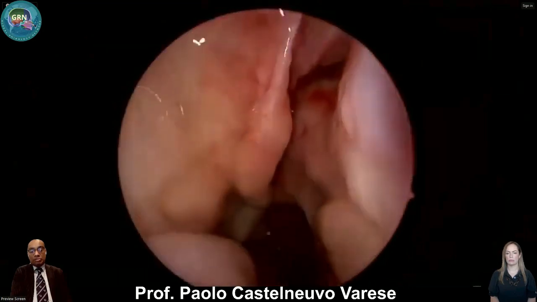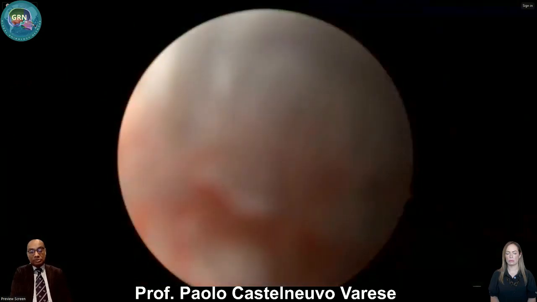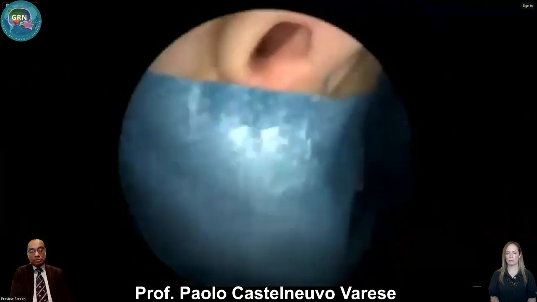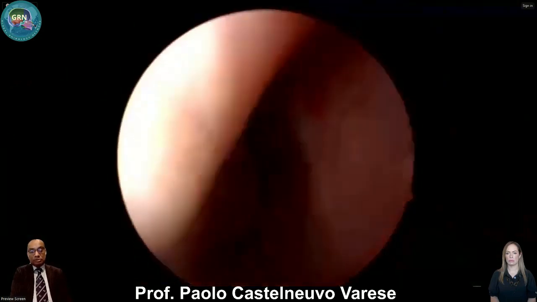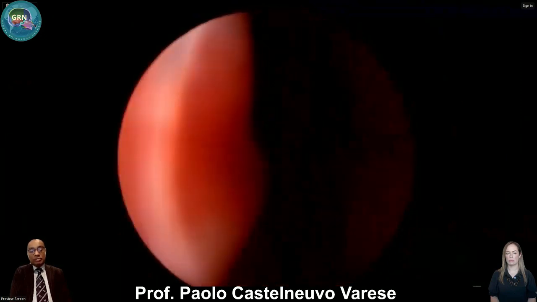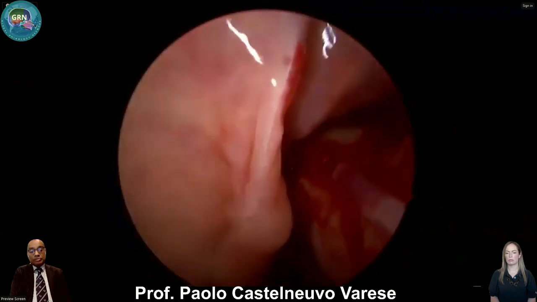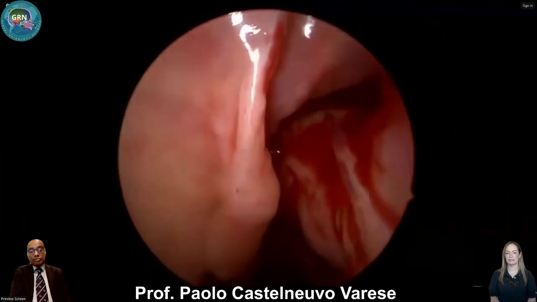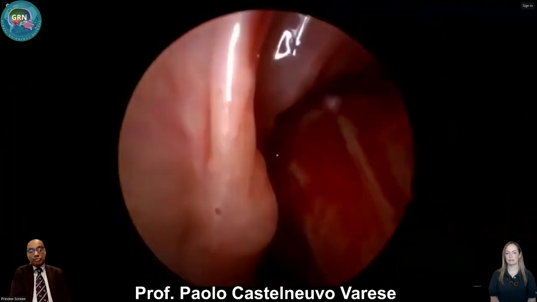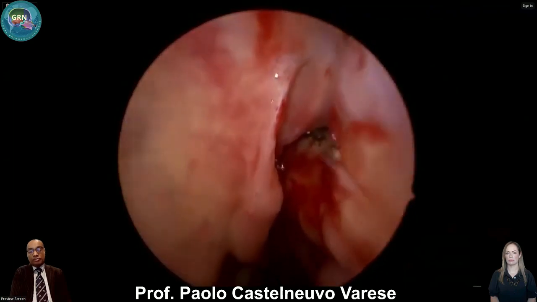Does that help with giving a bloodless field? Do you use any navigation for this surgery? No, we will not use navigation for this surgery.